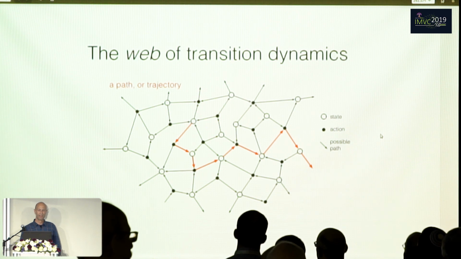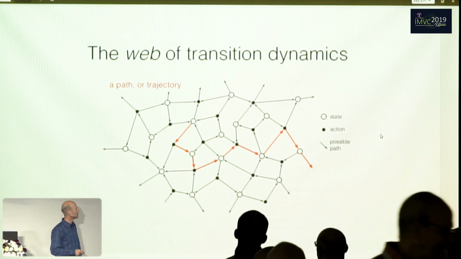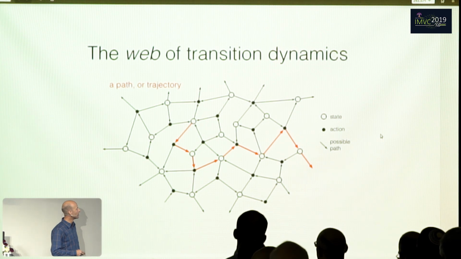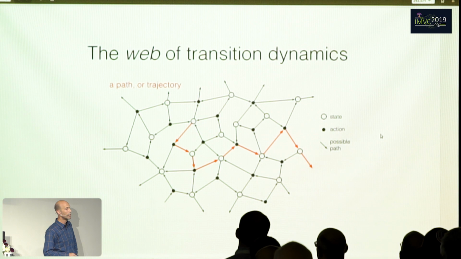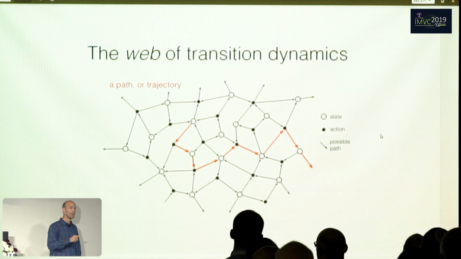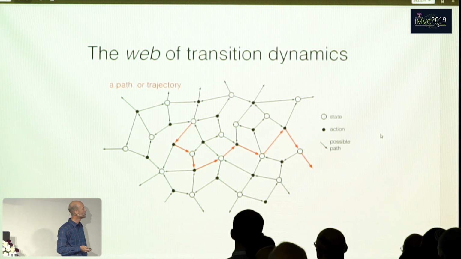How does it work? We can look at a web of transition dynamics defined by an MDP. Here, each white node is a state, and each black node is an action. An agent can start from some state, take an action, move to the next state, take another action, and so on. We say that the agent is going through a trajectory in the state action space, or in this web of transition dynamics.